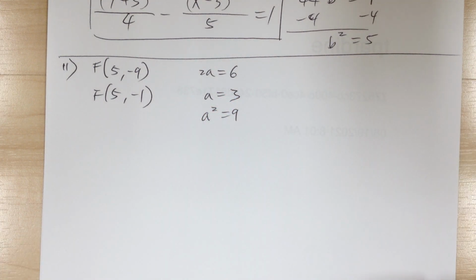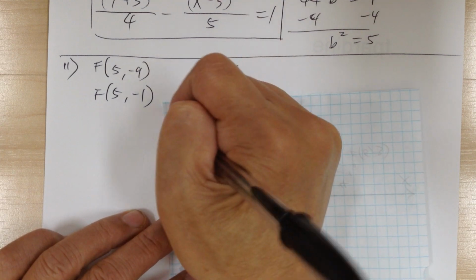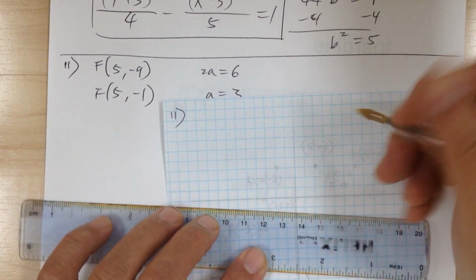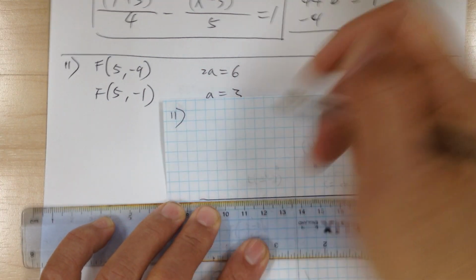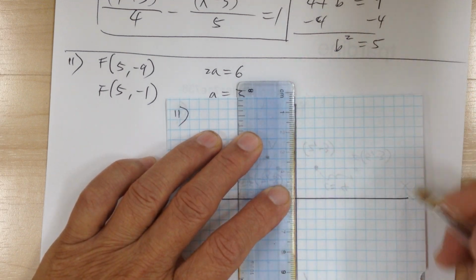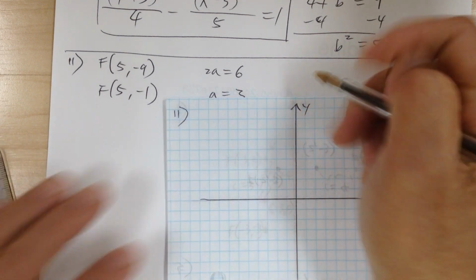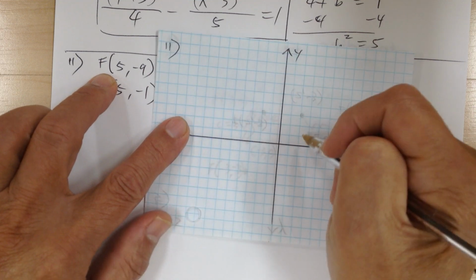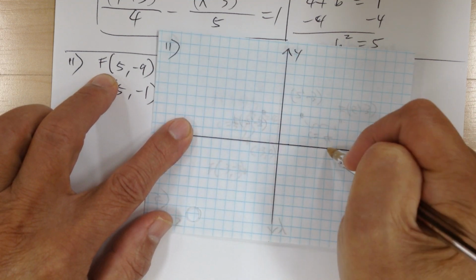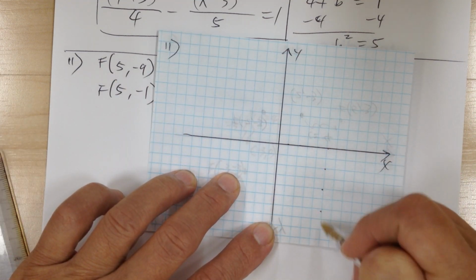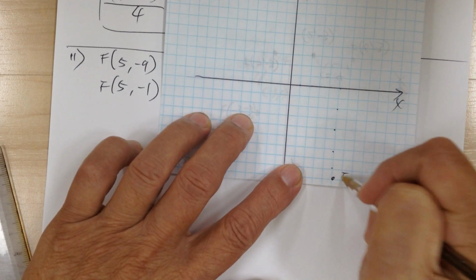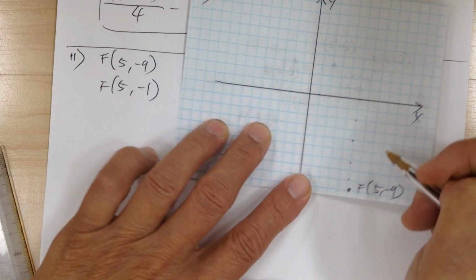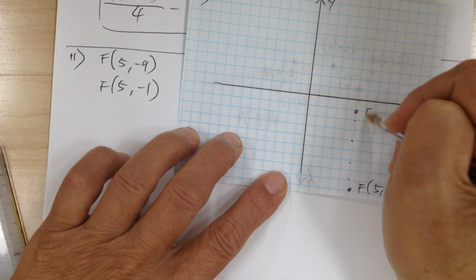Okay, again, let's go and sketch it out. Okay, so you got (5, -9) and you got (5, -1).